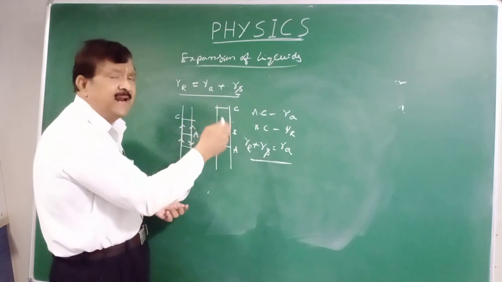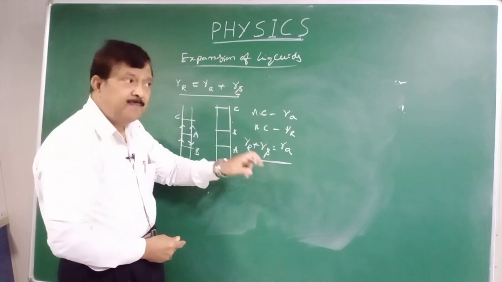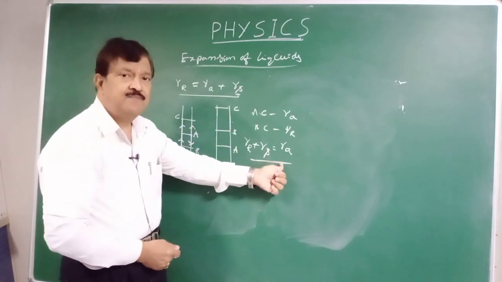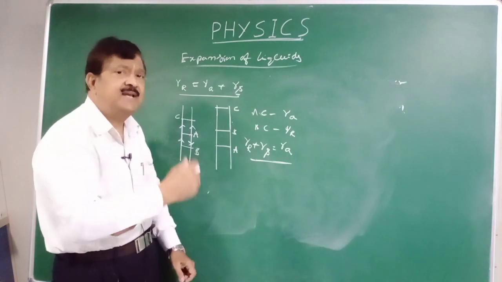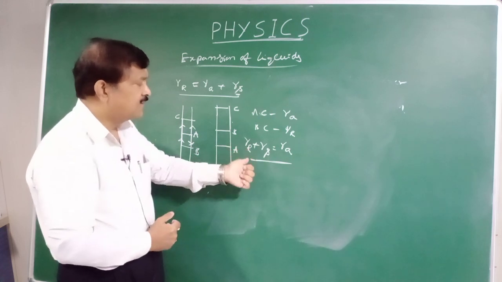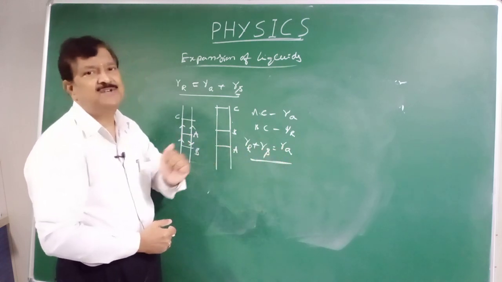The liquid level will be rising a little bit slowly. But in a case where the container is made up of a material which contracts on heating, this is the suitable equation, and very clearly the liquid level will be rising very fast. Then the coefficient of apparent expansion is larger than the coefficient of real expansion.